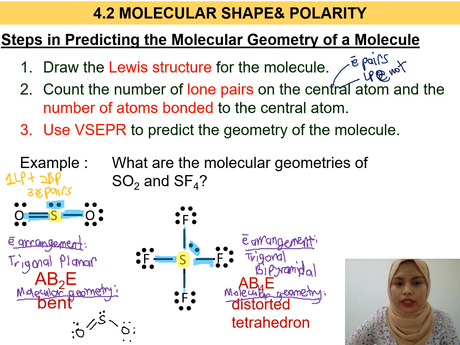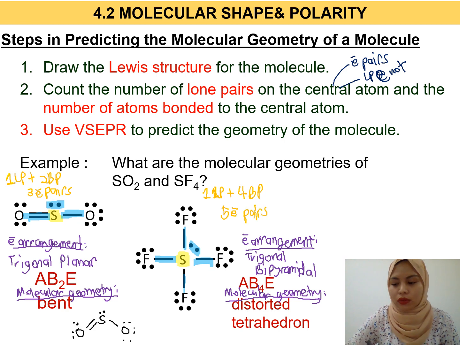Okay, so central atom S dia ada satu lone pair, okay, 1 lone pair campurkan dengan 4 bonding pair. Okay, bermaksud central atom S ni ada sebanyak 5 electron pairs.